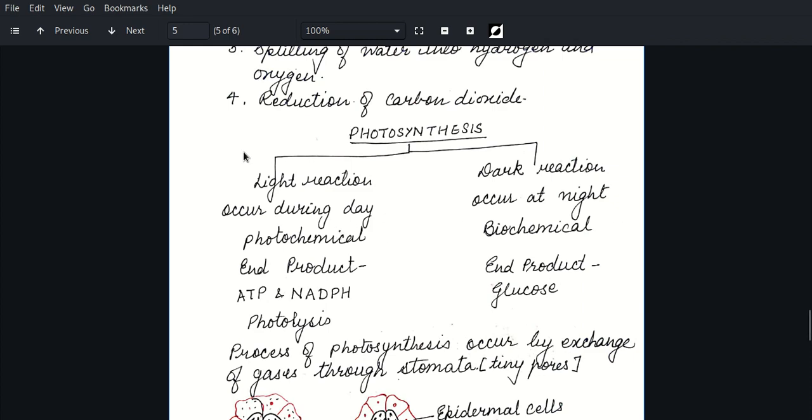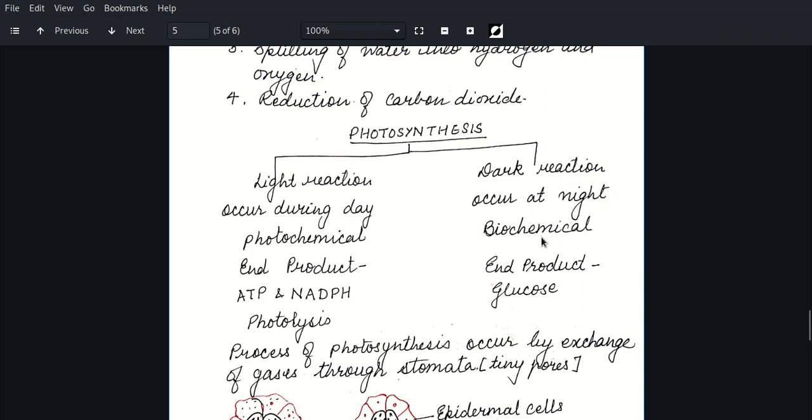So during day, trapping of solar energy takes place, then splitting of water takes place. So this is a photochemical reaction. Photo means light. So chemical changes take place in presence of sunlight. And here it is a biochemical reaction.